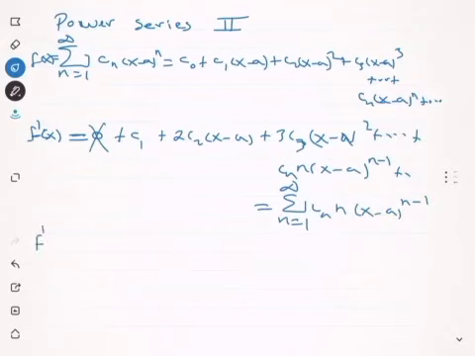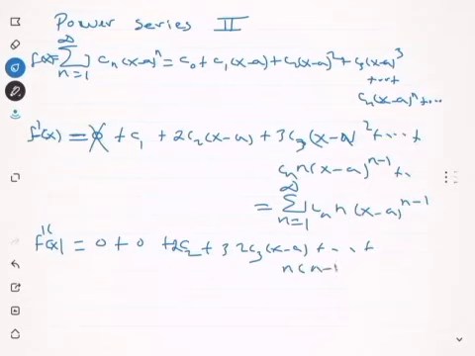And the second derivative would be equal to 0, because the derivative of c0 is 0, and the derivative of c1 is also 0, and then 2c2 plus 3 times 2 c3 times x minus a plus blah blah blah plus n times n minus 1 times cn times x minus a raised to the n minus 2.